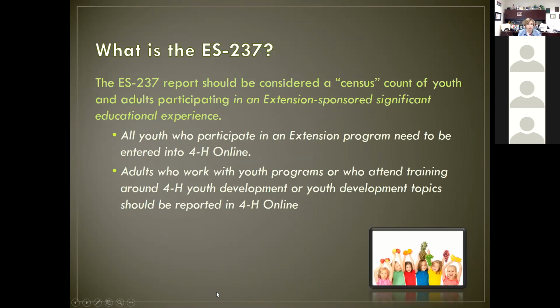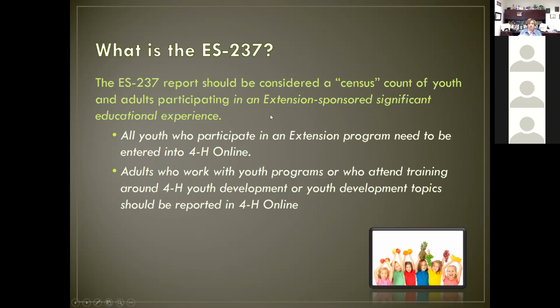I want to talk briefly about what the ES 237 is. I know Sharon is very familiar with the ES 237. Liz, maybe you've heard the term, and Kenny, you've probably heard me say the term.